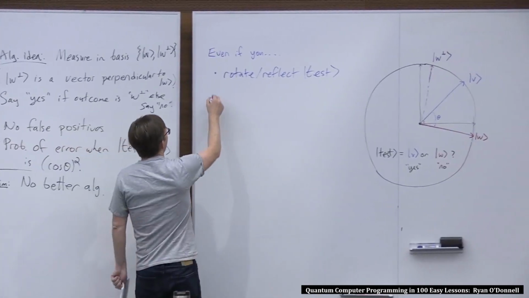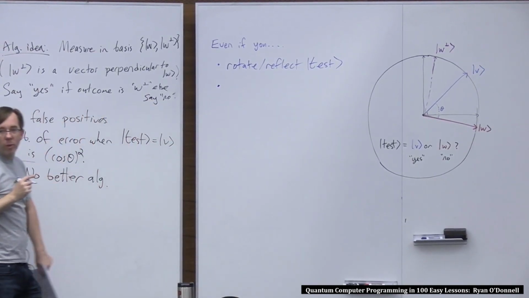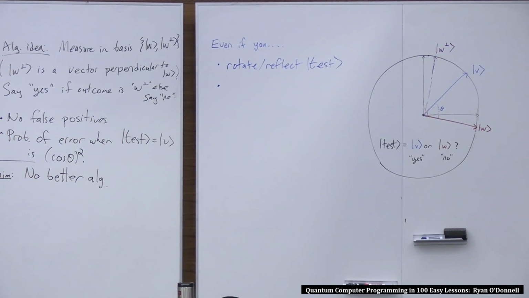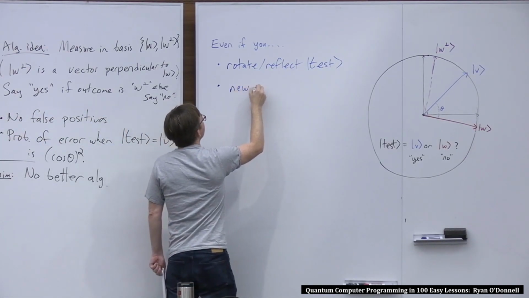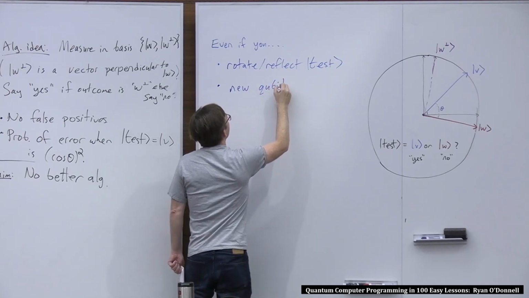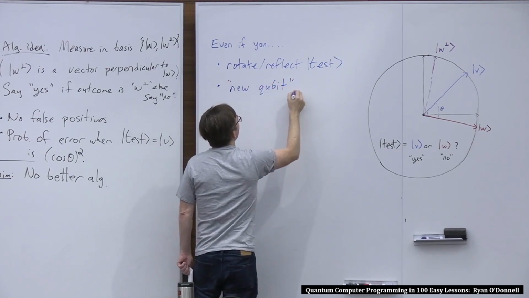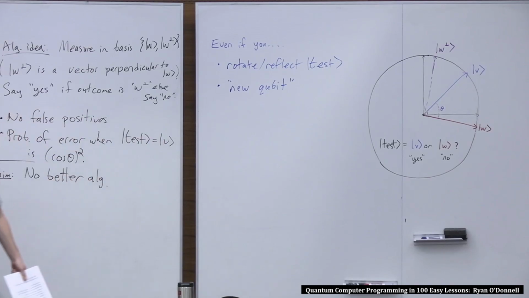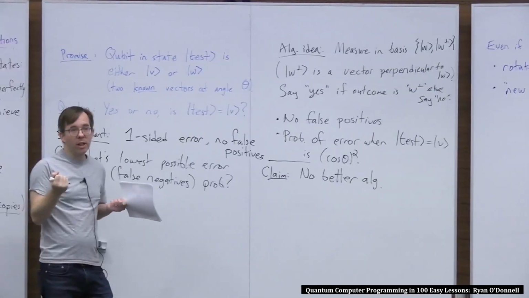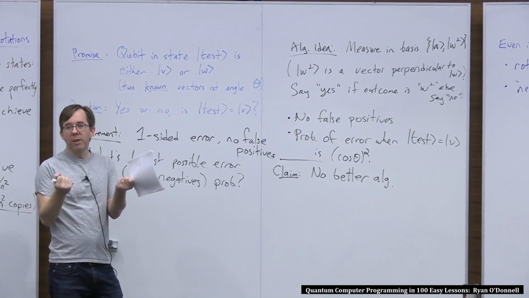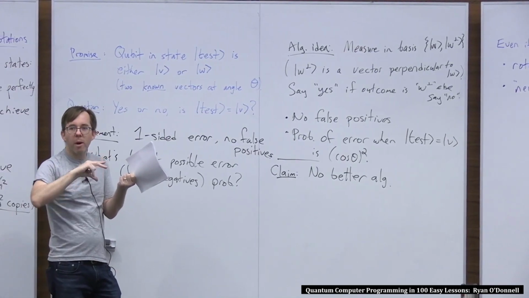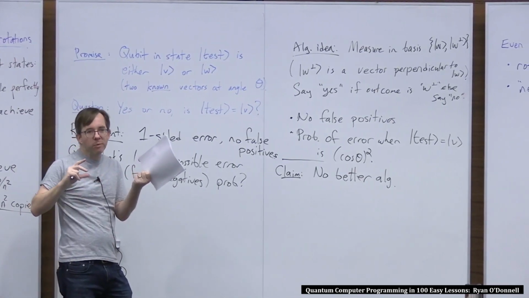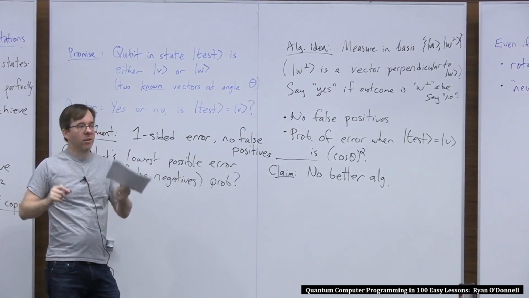But here's another creative thing that you might try to do, which maybe you didn't think about: you could add some new qubits. So you have this one qubit, and you could add a new qubit, and now you have 2 qubits. And now you could do some quantum operation on both of them. Like if this one, then toggle that one.